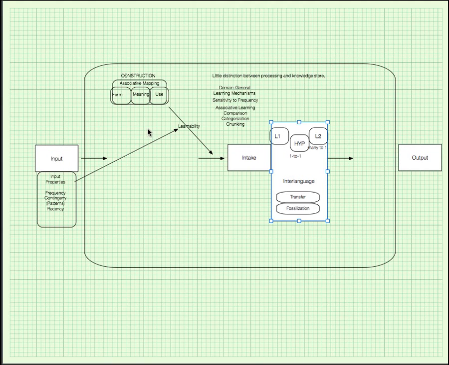So if the input is frequent and noticeable, for example, perhaps because a part of the input receives syllable stress, or because meaning is readily interpretable from the environment when a form is heard, like look, a dog, and somebody is pointing to a dog, and the listener hears the word dog and sees the image of the dog in front of them. That makes something very learnable.